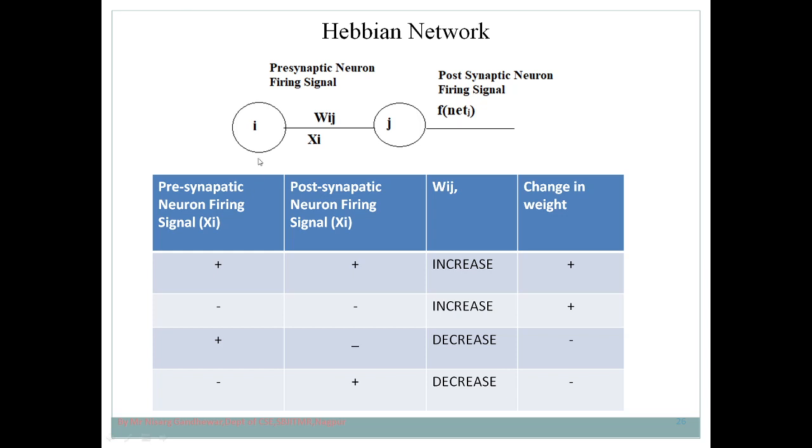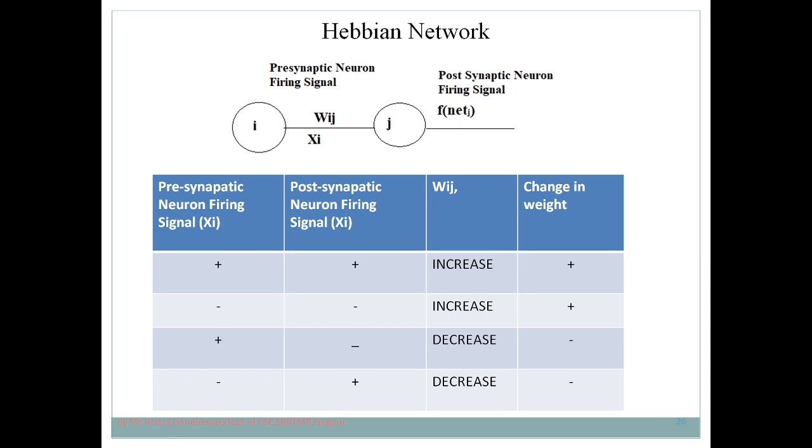So here wij represents the weight between i and j. And xi represents the output generated by neuron i, and this output generated by neuron i is treated as input to neuron j. This is an important thing: the output generated by one neuron is considered as an input for another neuron.